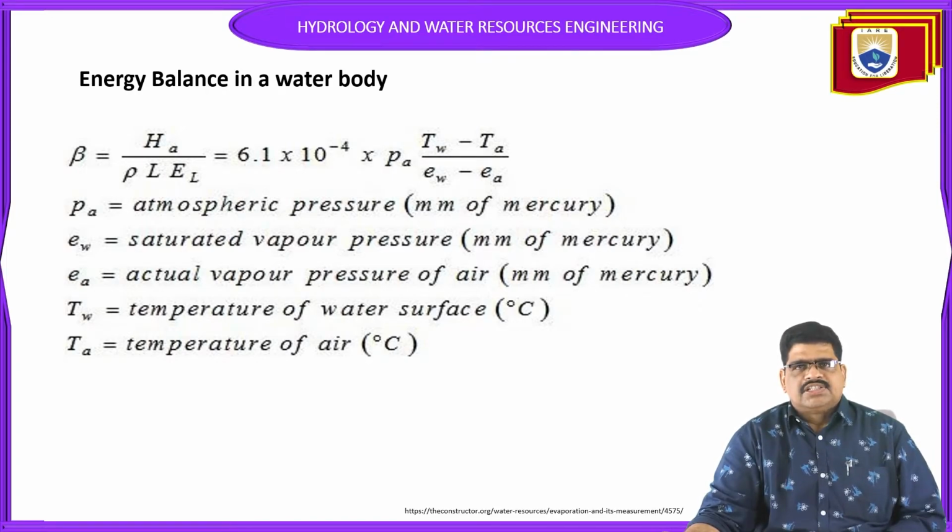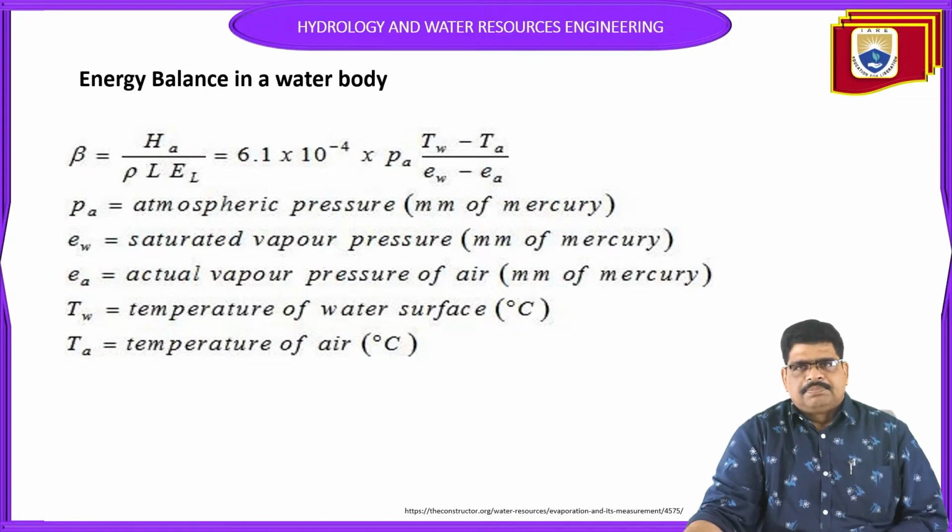Here PA is the atmospheric pressure in mm of mercury, EW is the saturated vapor pressure in mm of mercury, EA is the actual vapor pressure of the air in mm of mercury, TW is the temperature of the water surface in degrees centigrade, and TA is the temperature of the air in degrees centigrade.